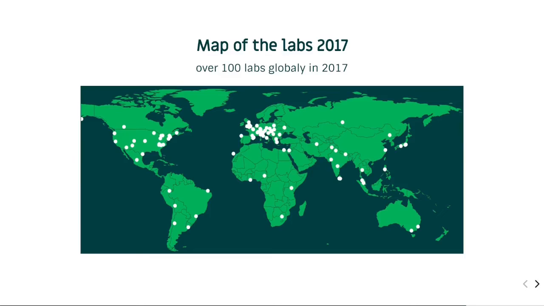There are 100 labs plus, since this is from 2017, across the world. These labs provide you with support and active human resources in order to foster the goals and mission of Geo for All.